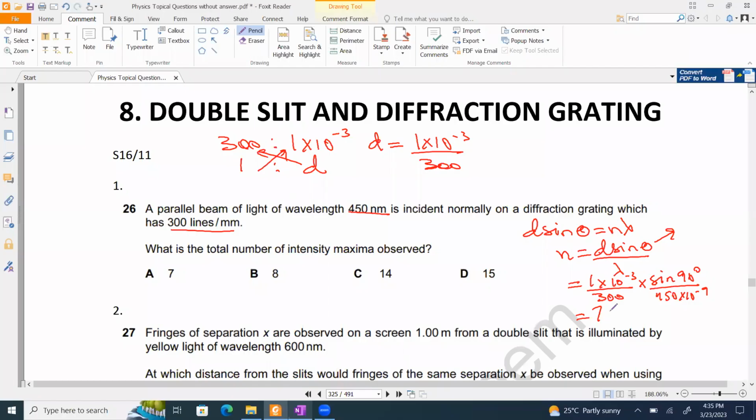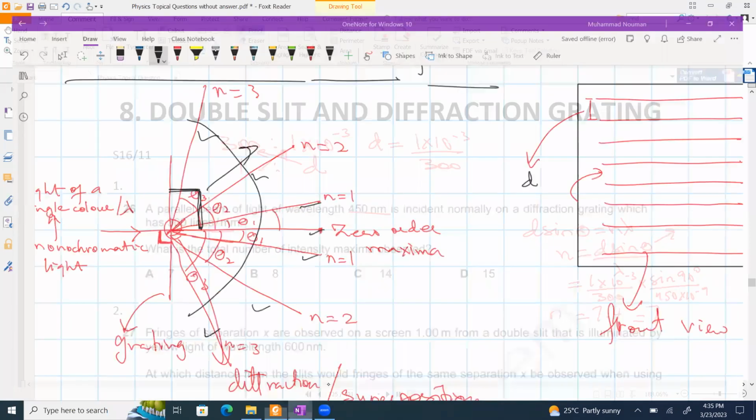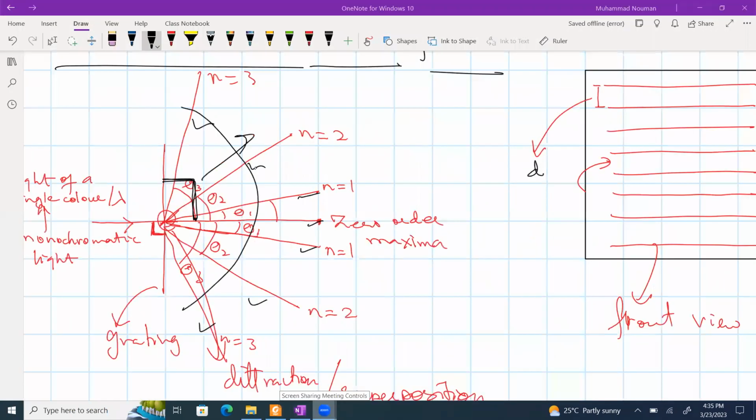The answer comes 7.4. First of all, if you remember, I told you this n is a discrete variable. So what should be my answer? 7 only. So just imagine, 7 maxima are there on one side, so definitely 7 will be there on the other side as well.